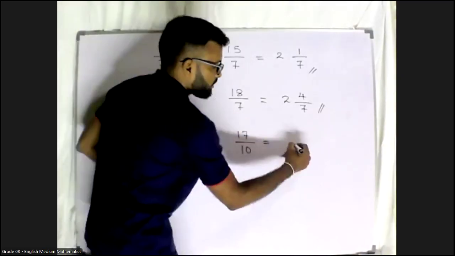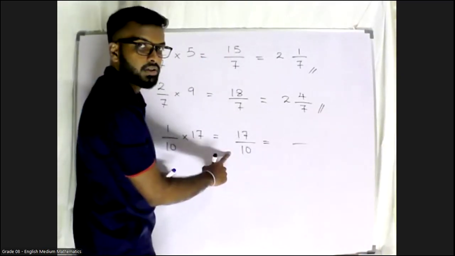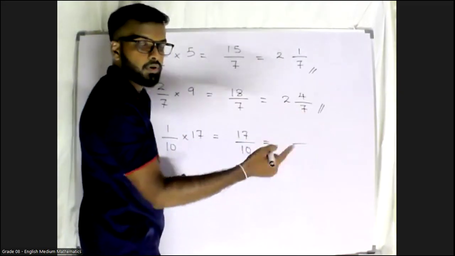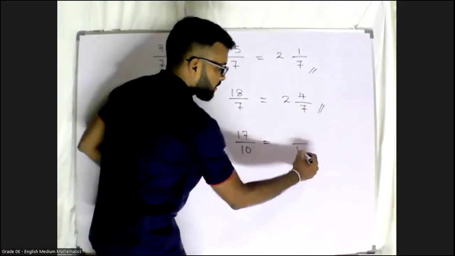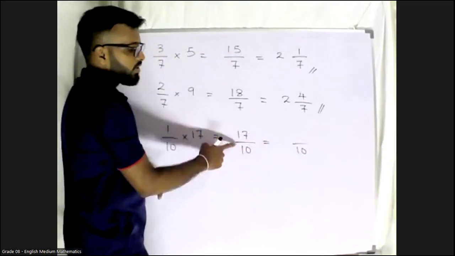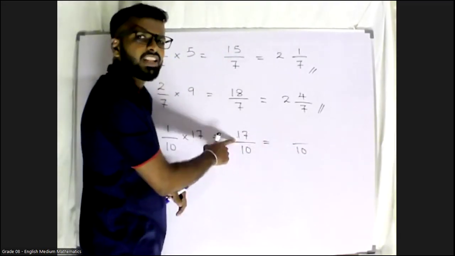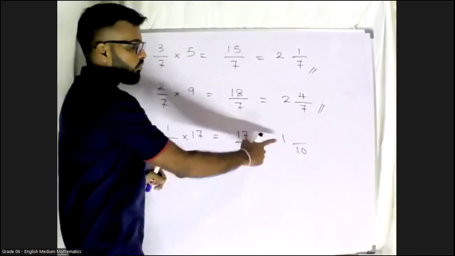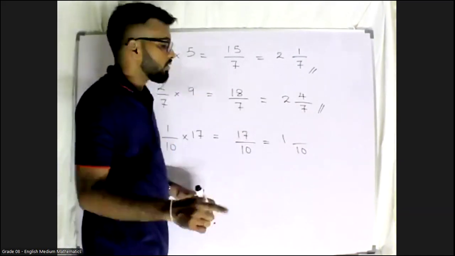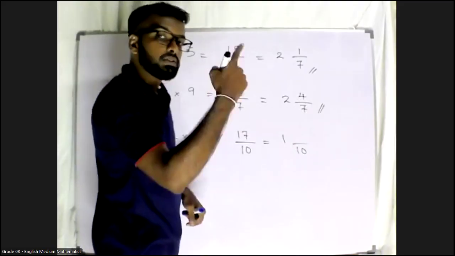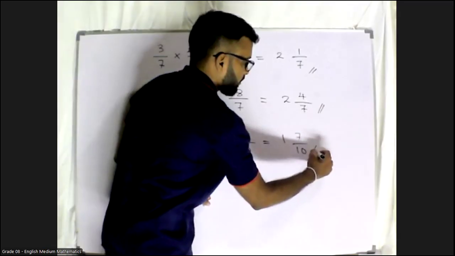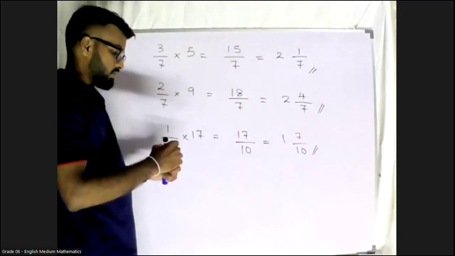So this is an improper fraction and it should be converted into a mixed number. So the denominator is 10. And 17 divided by 10. How many 10s are there in 17? 1. 1 times 10, 10. 17 minus 10, 7. So the remainder is 7.